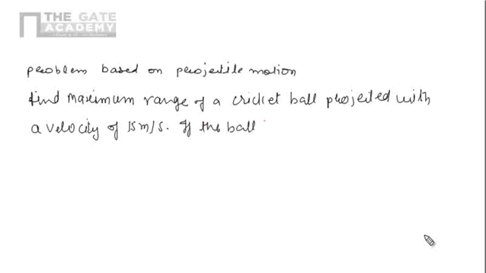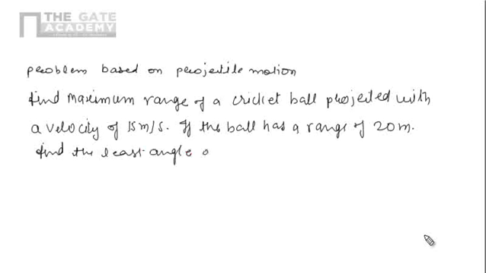If the ball has a range of 20 meters, find the least angle of projection and least time taken. So in this problem, we have to find out the maximum range of a cricket ball, and then in the next part, the range is given as 20 meters. On the basis of that, we have to find out the least angle of projection and the time taken.